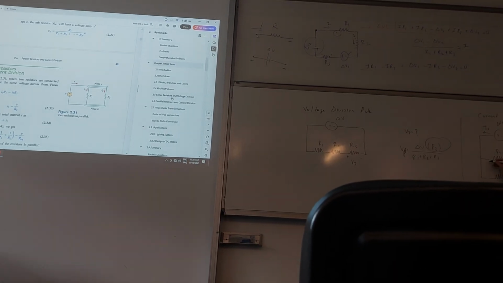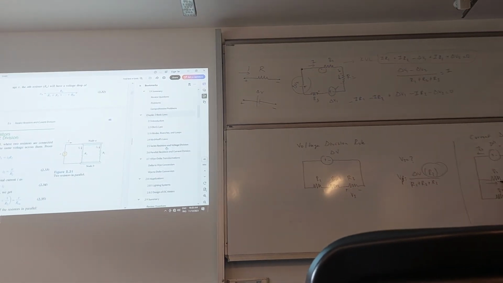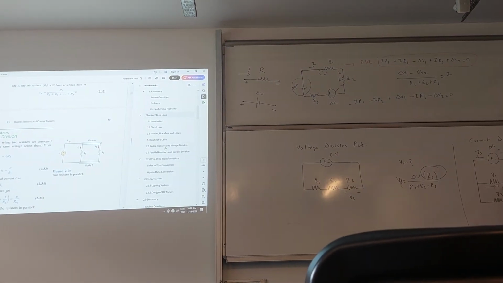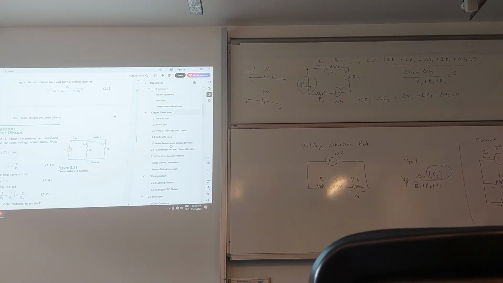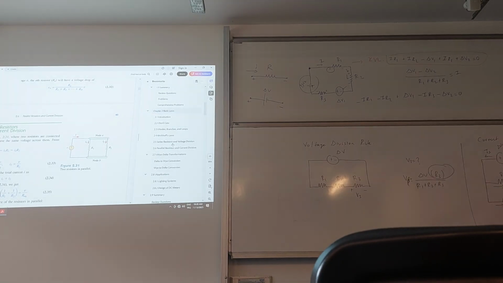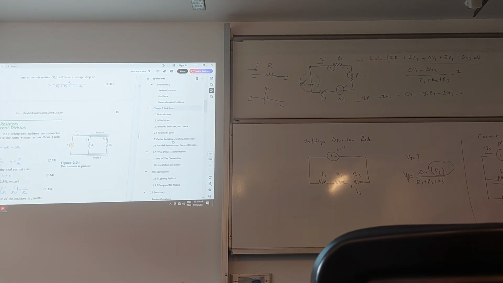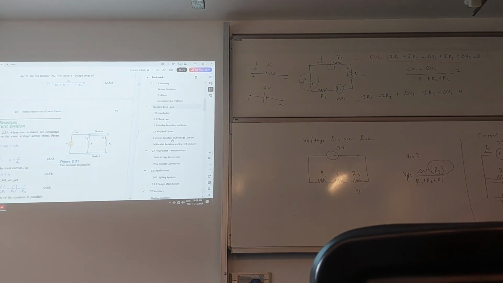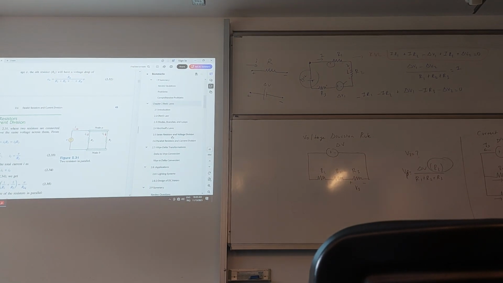I might be asking you what is the current flowing through R1 and R2. Let's call it I up. Let's call this one I down. Or I might be asking you what is the potential across R2. So here you have options. Depending on what you would like to do, you have a few options.